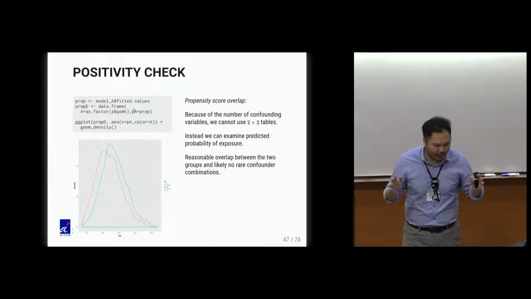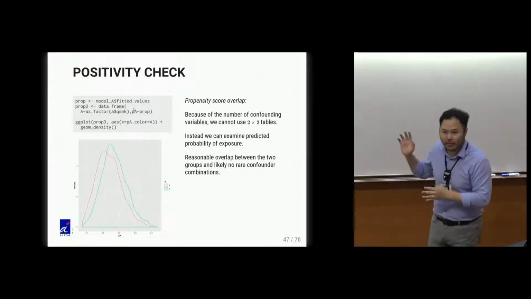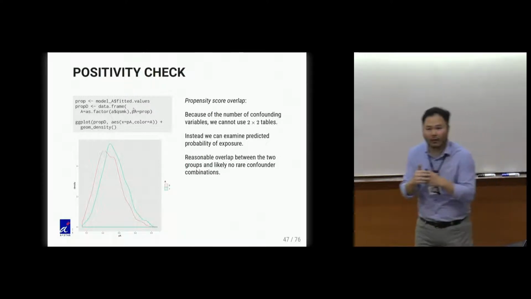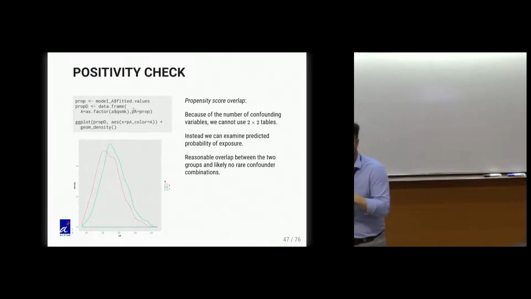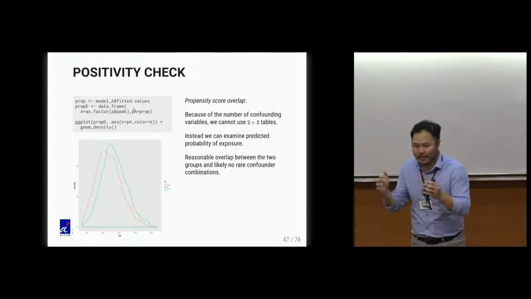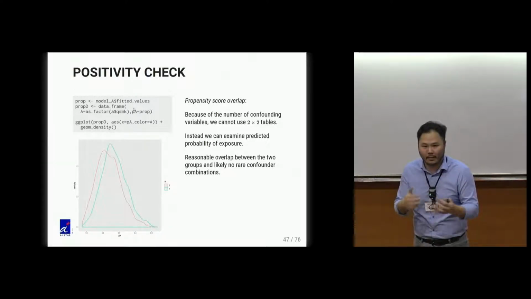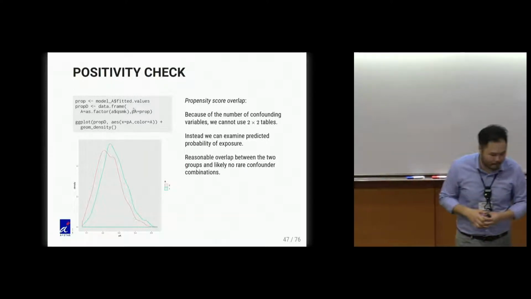And we actually see that we have a pretty good distribution of these predicted probabilities in both those groups, and there's good overlap too, which means in summary, the distribution of confounders or the distribution of probabilities is quite similar between the two groups. It makes it better to do a valid comparison.